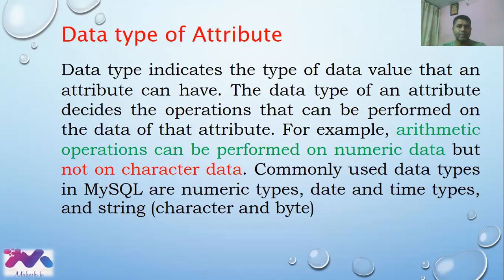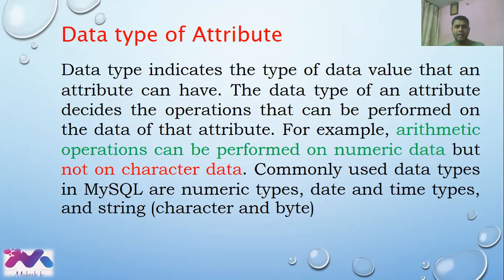Data types of the attributes. Which types of data are attributes supported in SQL? For numbers, we use integer, float, double, and decimal.